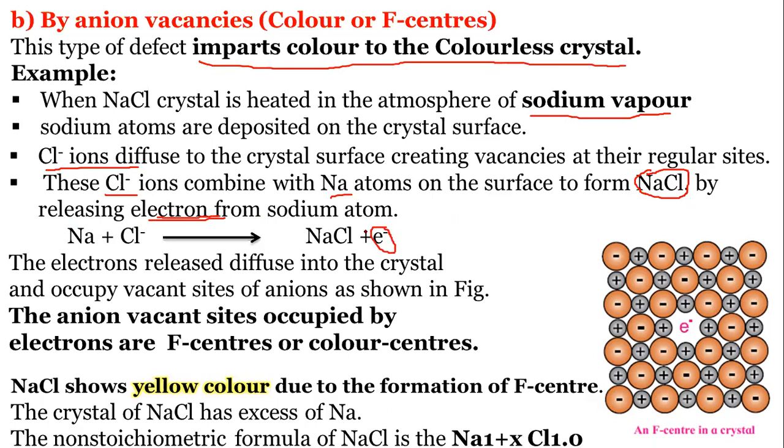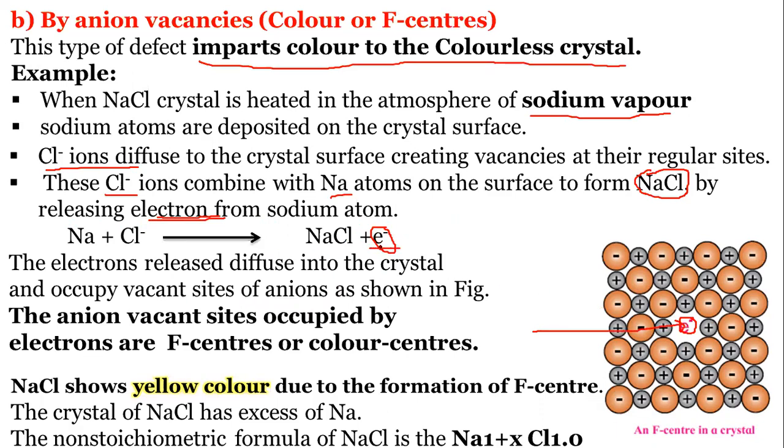So this extra, released electron occupies the vacant sites of the anion. We can see in this diagram the electron released from sodium chloride.